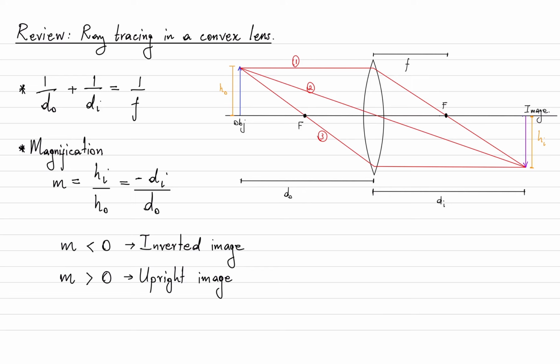But that's beyond the scope of our discussion. The point is, when the dust settles of all those congruency arguments, one of the equalities is that magnification is also defined as minus di, the image distance, divided by do, the object distance.